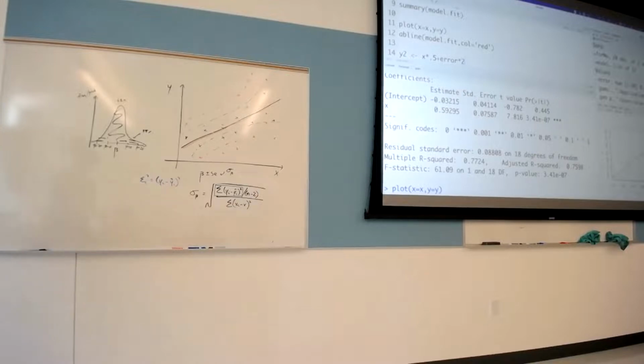Is that yes? Yes. Yeah, I don't even remember how to do that in base R. But if we get to the plotting portion today, I'll show a better way of doing it.